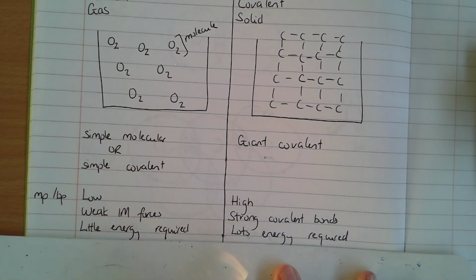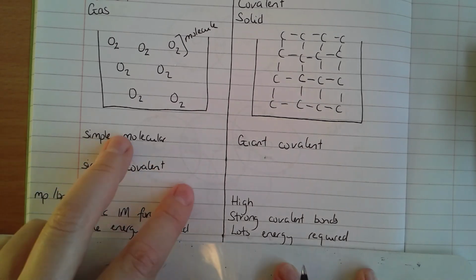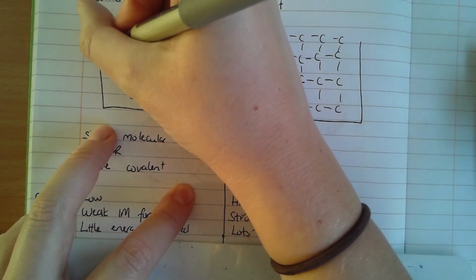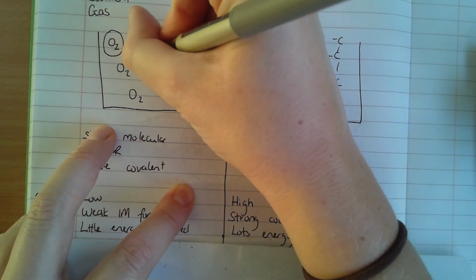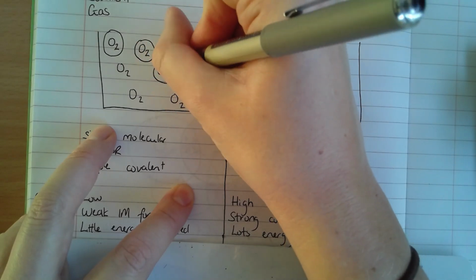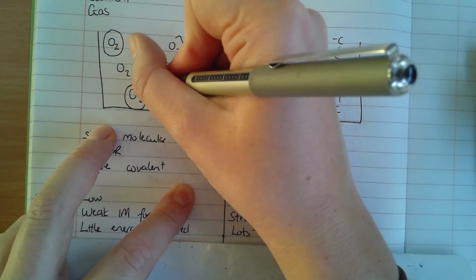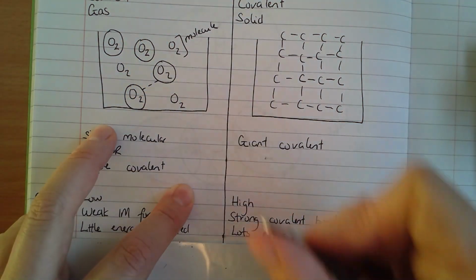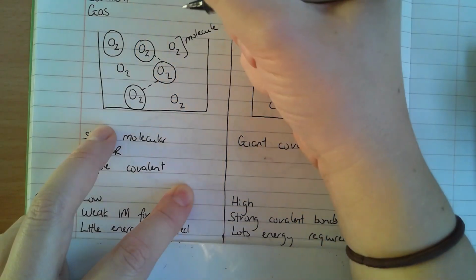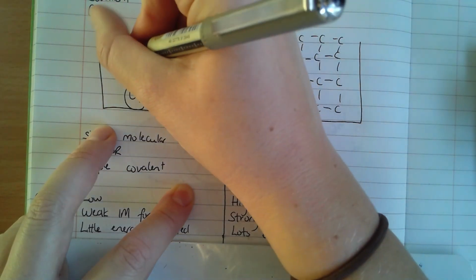And we've seen before that melting and boiling points depend on the strength of forces. Because over here I'm forming molecules, I'm just going to put a circle around each of these O2s. Each of these represents a molecule, and between molecules I've got intermolecular forces. So there's a force between those 2 O2s, a force between those, a force between those.